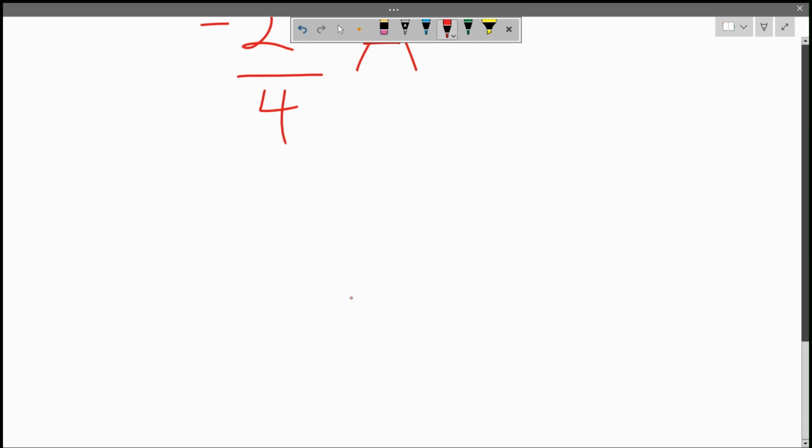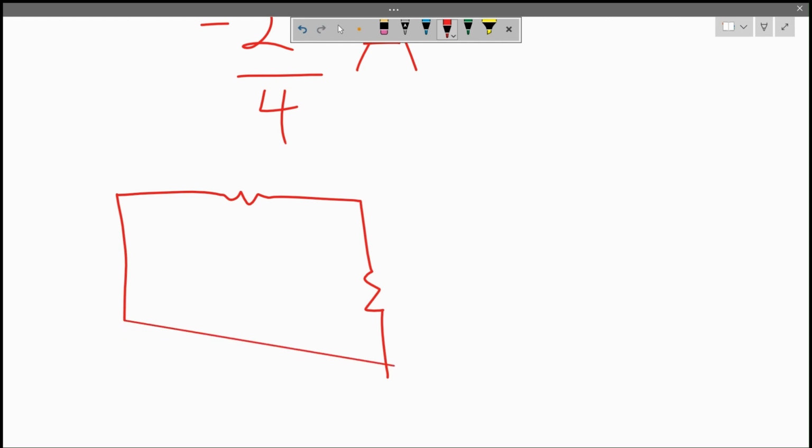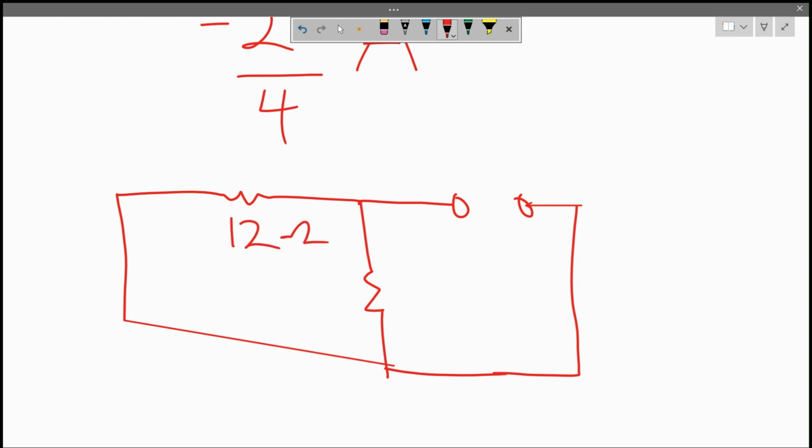We are going to have this. We have 12 ohms here, 6 ohms here, and our RTH.